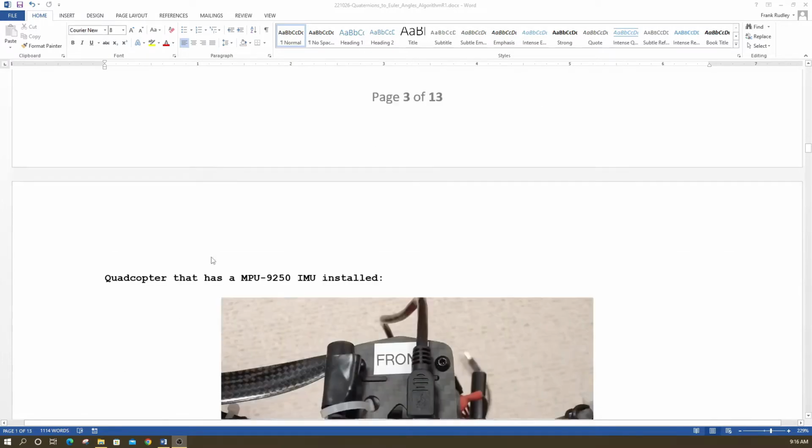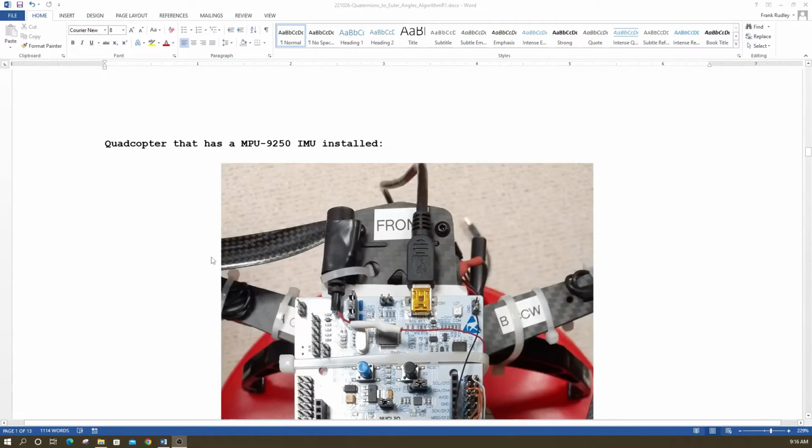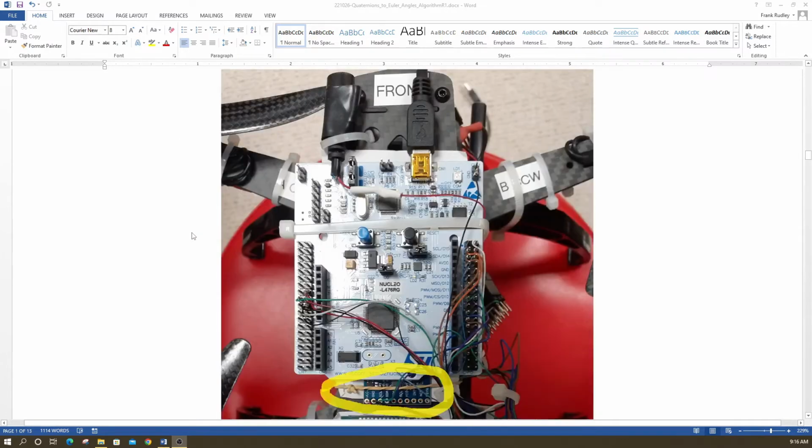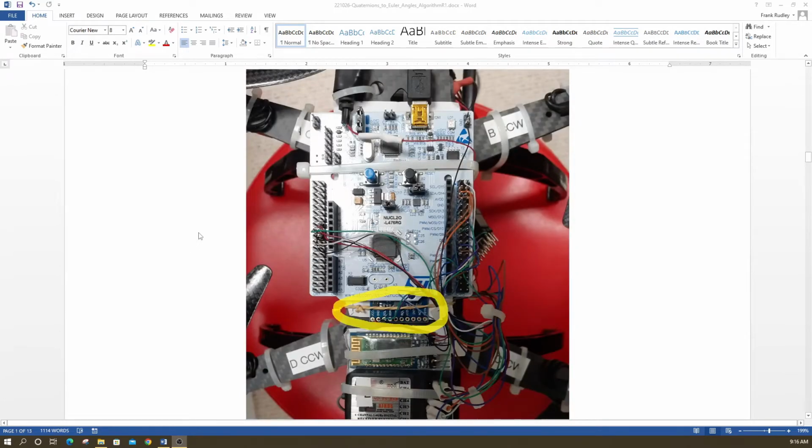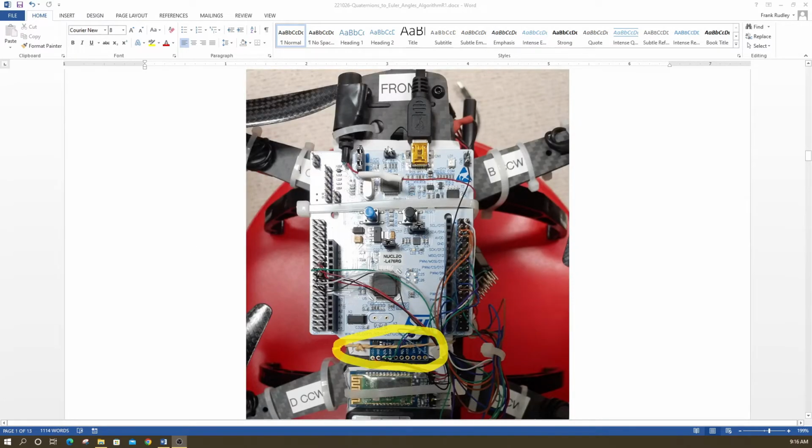So I want to show you a picture of a quadcopter I'm working on that has the MPU 9250 IMU installed, and just want to zoom out here a little bit. So this is the front of the quadcopter, where this direction is forward, and you can see the arms. Part of the propeller got cut out of the picture.